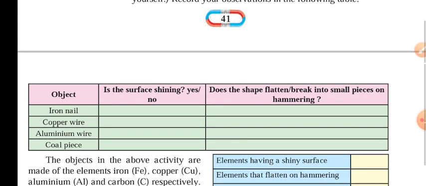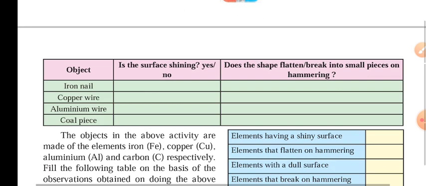Some materials like iron, gold, silver, copper, aluminium: if you polish them, they start to shine. So the materials which start to shine on polishing are called metals. Those which don't shine are called non-metals.